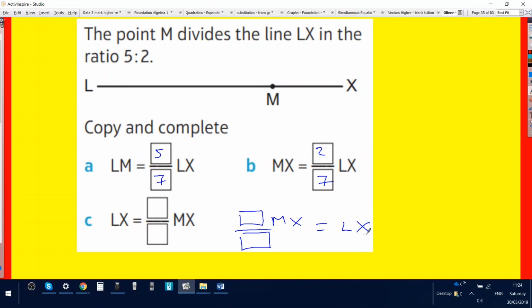Make LX the subject. 7/2. Yes. So strangely enough, lots of this vector stuff that you were doing before, this is 1/3 of the line, this is 2/5 of the line. You're now going to get something where it's 7/2 of a line, so it's bigger than the line.